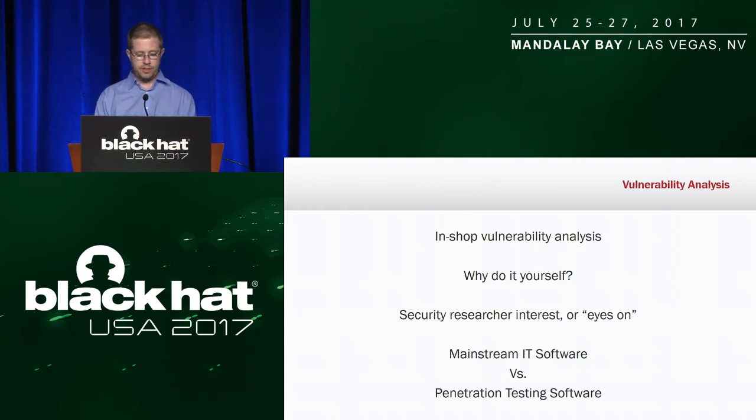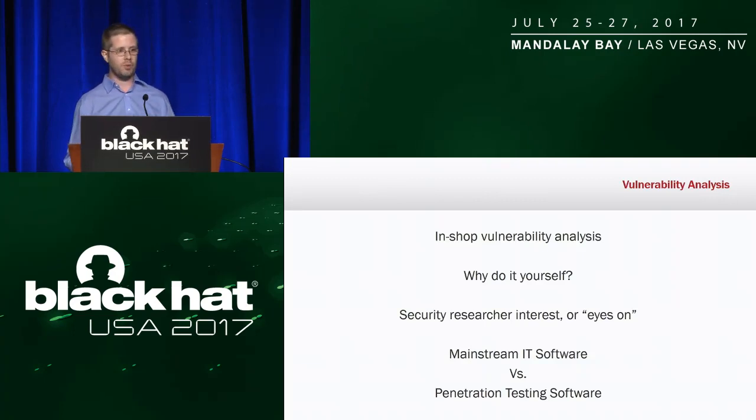And so, in-shop vulnerability analysis. Why would you do it yourself? The reason you would do vulnerability analysis of your own tools yourself is either A, they're custom to your environment, or they're custom to pen testing and nobody's really looked at them yet. Vulnerabilities start falling out of niche software that nobody's looked at. It's harder to find vulnerabilities in Windows and Internet Explorer because there are so many mitigations in place and so many smart people looking at them.